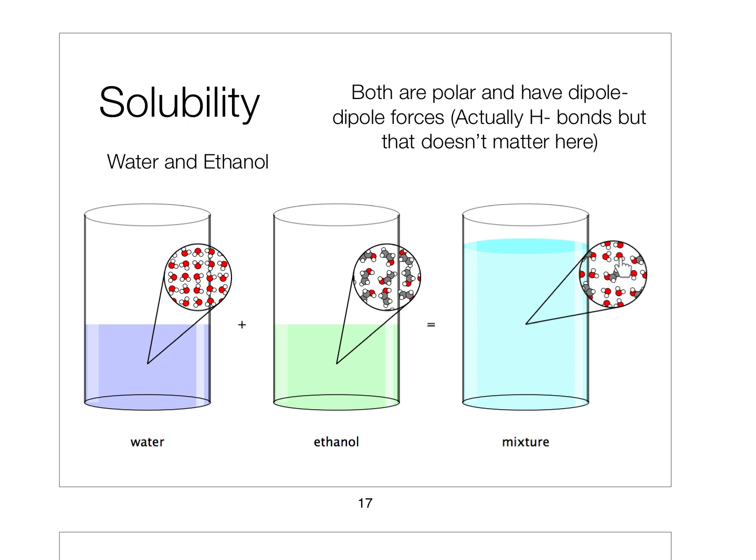The positive side of the water is attracted to the negative side of the ethanol, whereas each of these ethanol molecules also has a positive side and a negative side, and the positive side of the ethanol molecule is attracted to the negative side of the water. And so you've got uniform attraction between the dipoles of the different molecules. This is why water and ethanol are soluble in each other.